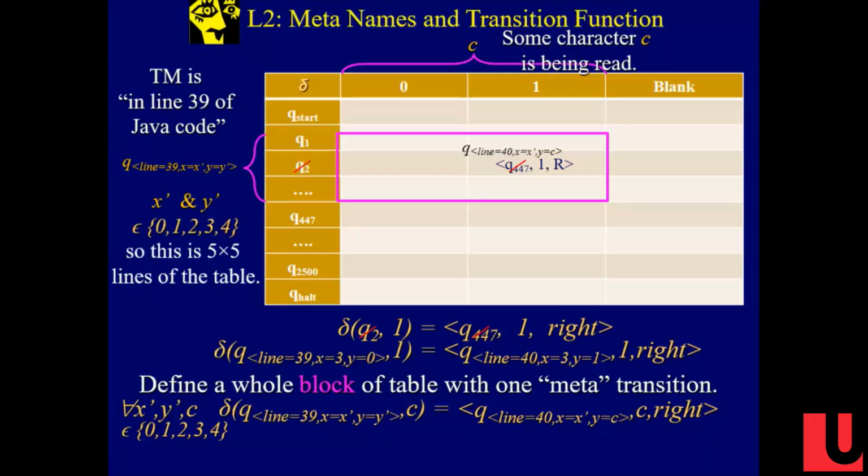And my request is we don't get too anal because you don't want to calculate it and I don't want to mark it. So what we're doing here is I'm defining states of the machine that the machine will never be able to get to. The state, line 40 and y equaling 4, is a state that I'm never going to get to.